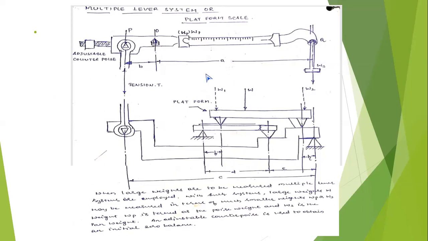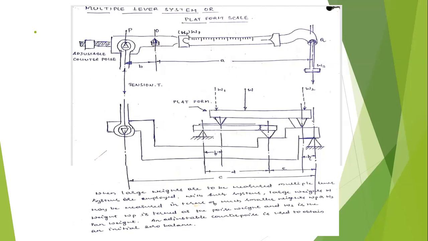You can keep the weight here, which shows W1, or you can keep the unknown magnitude here, that shows W2, or anywhere on the platform. The length and breadth of the platform is 2 by 3 feet, that is 2 feet width and 3 feet length.